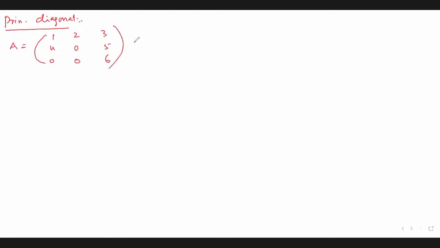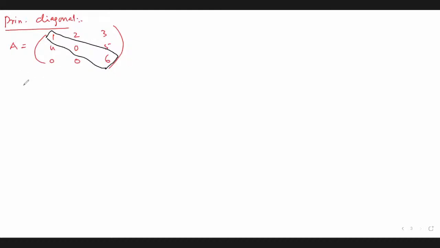The diagonal from the first row's first element to the last row's last element is said to be the principal diagonal. That means 1, 0, 6 are the elements of the principal diagonal. I repeat, the diagonal in a square matrix from the first row's first element to the last row's last element is called the principal diagonal, and its elements are 1, 0, 6.